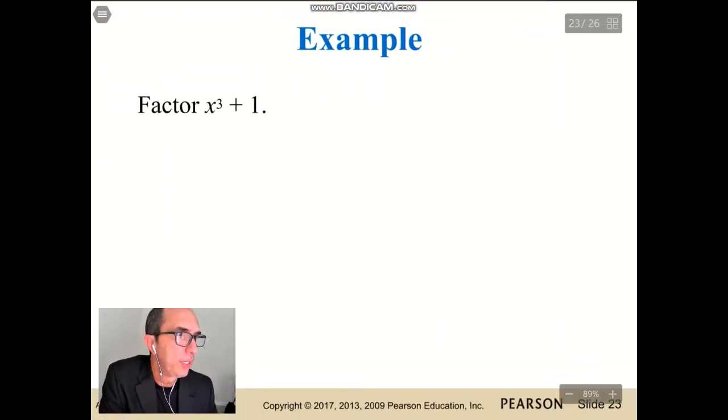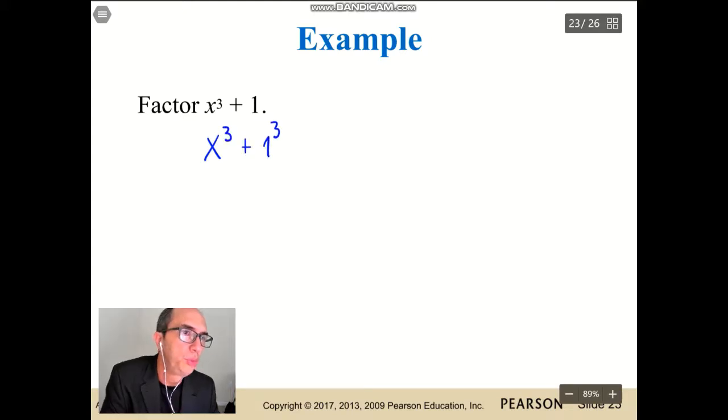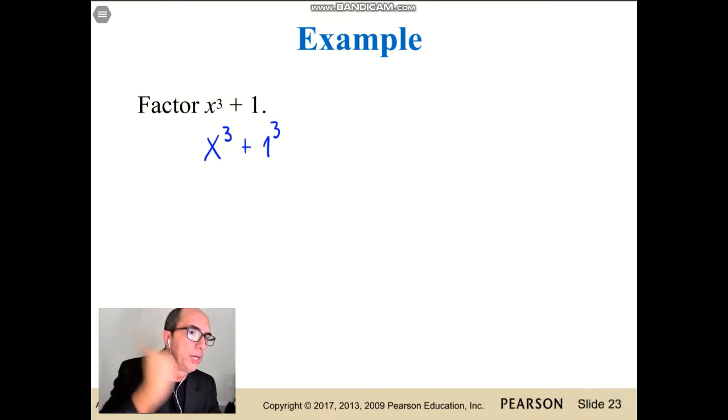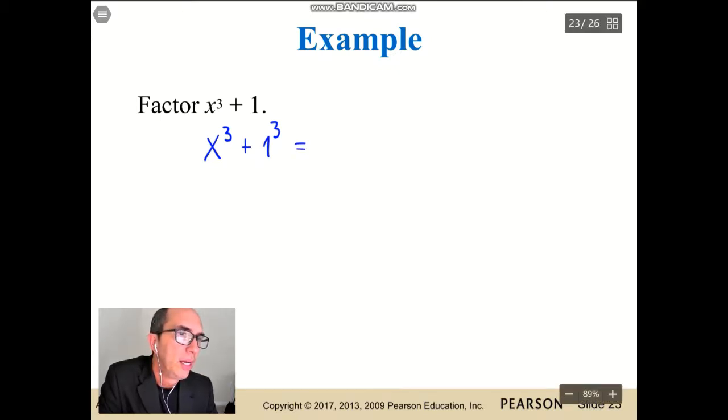First example, and we have here x cubed plus 1. And every time we have 1, it is a special number that you can always rewrite as 1 cubed or 1 squared or 1 to the fourth. It is always going to be 1, and it is always something that we can do. And that means we can rewrite this.